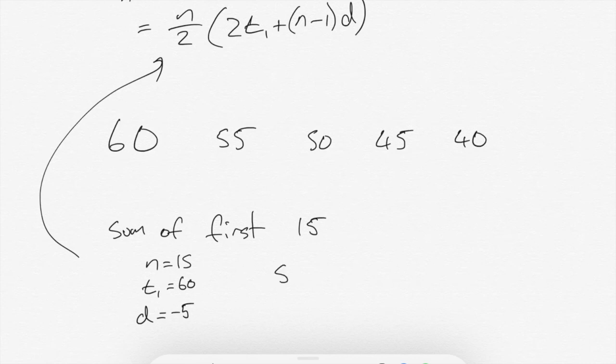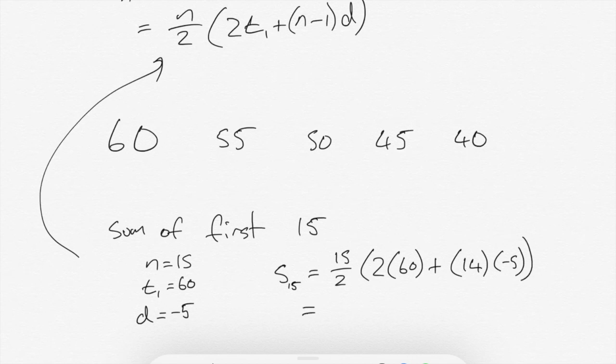So in this case, our sum, that's an S, sum to 15 terms is equal to 15 over 2 lots of 2 times the first term, which is 60, plus n minus 1, well n is 15, so that's 14, lots of the difference, which is -5.